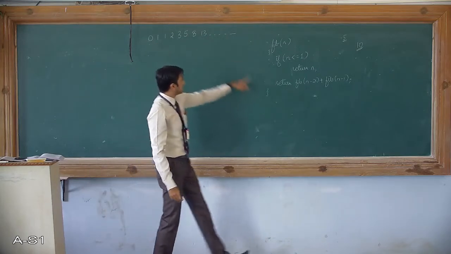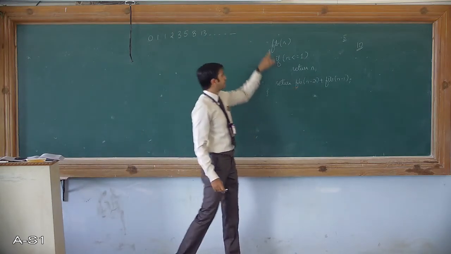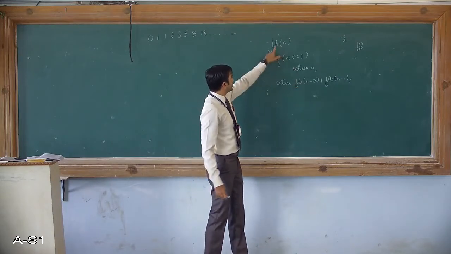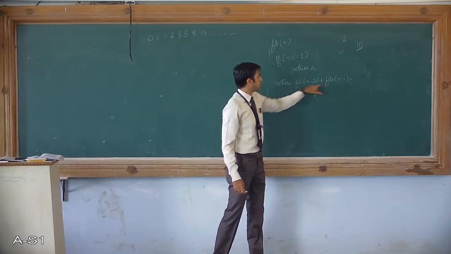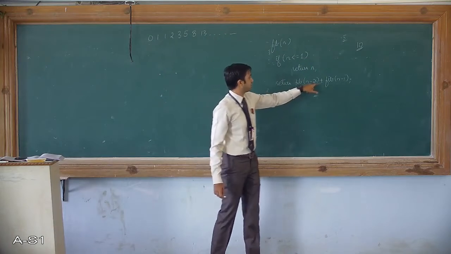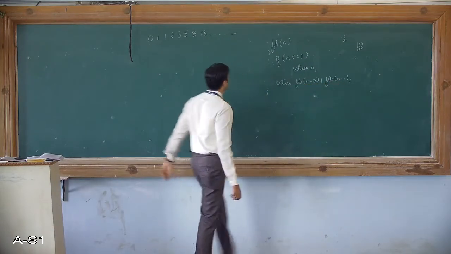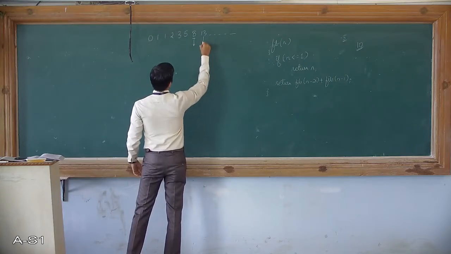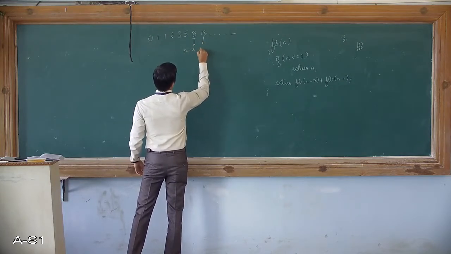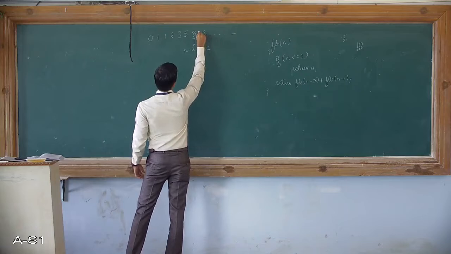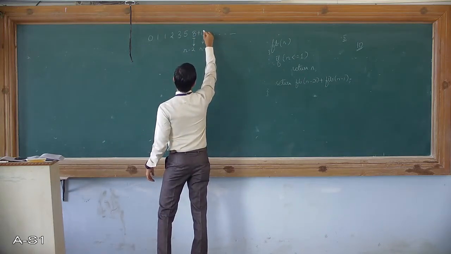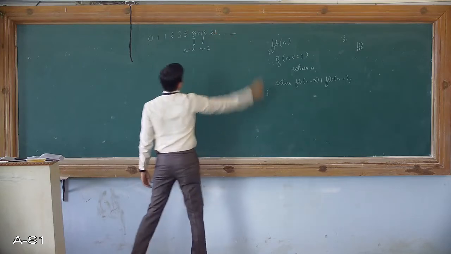According to this, the algorithm is designed. As you can see, the function fib is called recursively for n minus 2 and n minus 1. The addition of these two numbers is going to give me the next term, like 13 plus 8, 21.